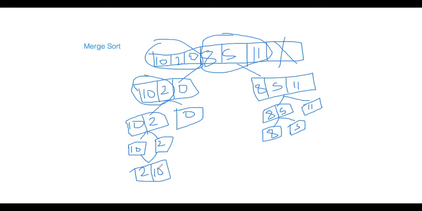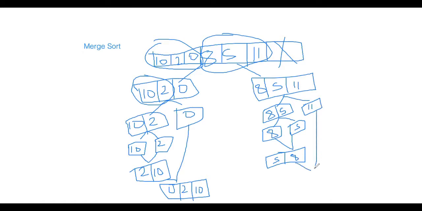We will merge in sorted order. Similarly, we will merge these two: 5 and 8. And then we will merge this and this. After merging, what will become? 0, 2, 10. And after merging these two: 5, 8, 11.